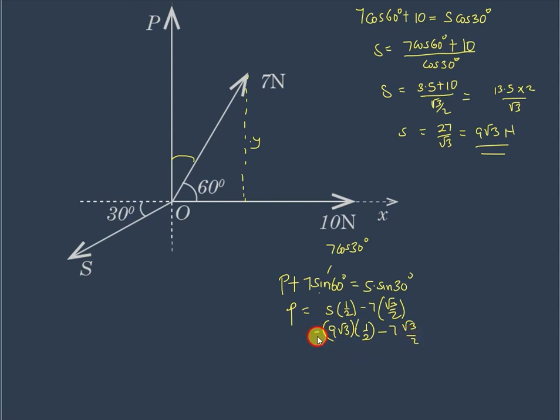So this will get us a value of P, which is equal to 9 minus 7, all times root 3 over 2, which will get us 2 root 3 over 2, which is equal to root 3. So the value of P is square root of 3 newtons.